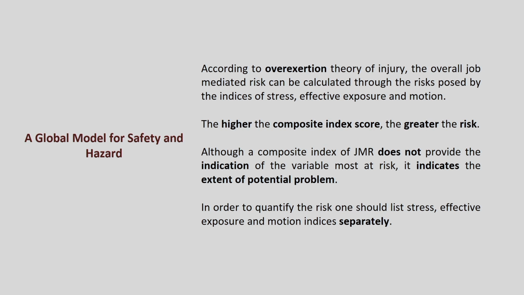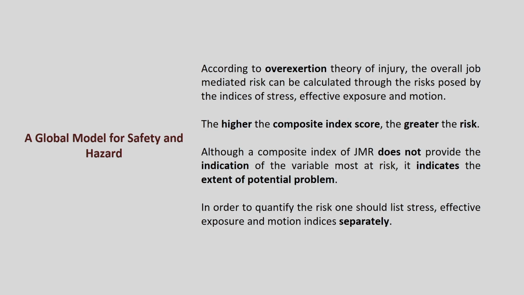Now, one more important terminology that we use for this safety and hazard model is overexertion. By the nomenclature itself, you understand it is when you exert a particular group of muscles more than expected or more than you should. If you are doing that, there will be trouble and an accumulation of fatigue. If the composite index score is higher, then definitely the risk will be more.